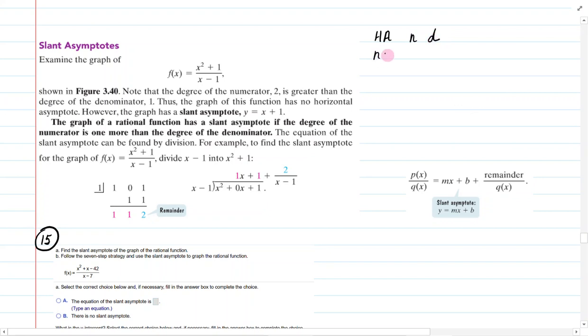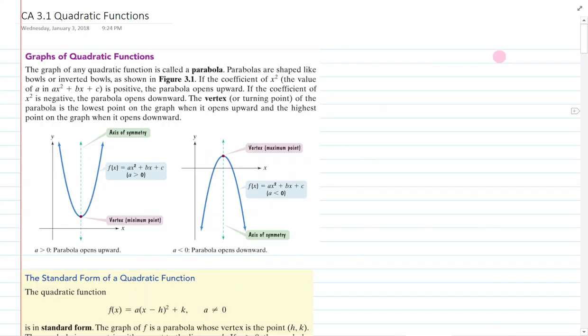We said if n is less than d, then we had y equals 0 as a horizontal asymptote. If n is equal to d, we had y equals the leading coefficient divided by the leading coefficient as a horizontal asymptote.